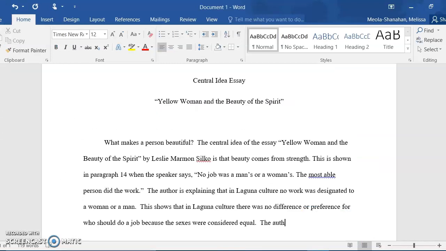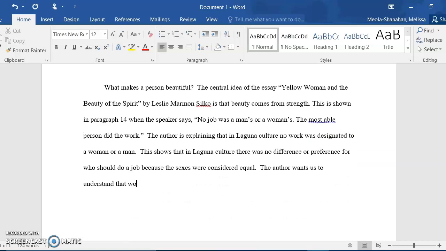The author wants us to understand that women weren't discriminated against and were valued for their strength and contributions to the community.